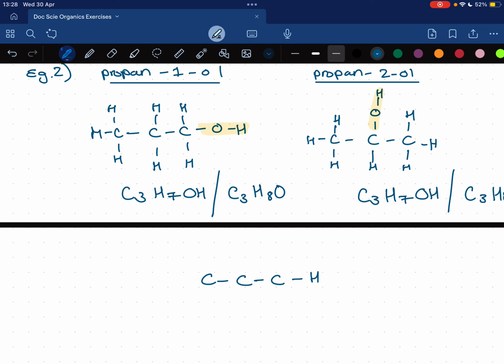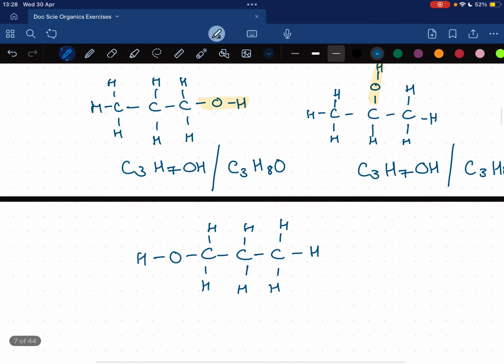So it was originally on the first one, and then I put it on the second one here. Now, what if I put it on the third carbon here? Is that a third isomer? So do these compounds share a third isomer here? Okay, pause, take a moment to think about it.